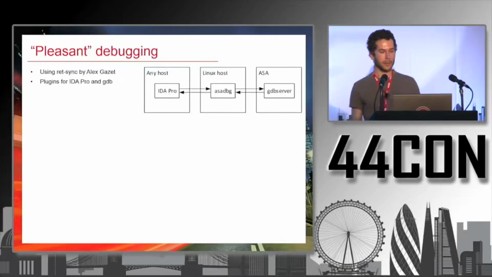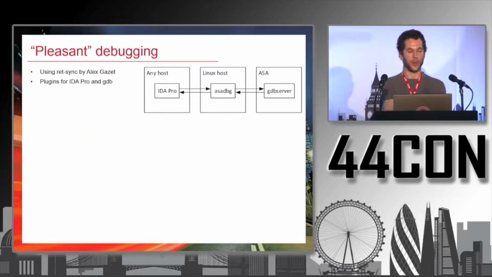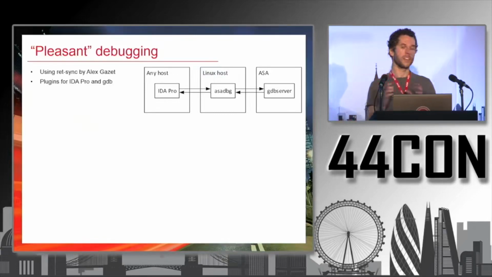So here we have a better debugging setup to be finally a little bit useful. We want symbols. GDB doesn't have symbols, especially on most of the firmware. We used an existing tool called RedSync. Basically, the idea is you can synchronize a debugger and IDA Pro.